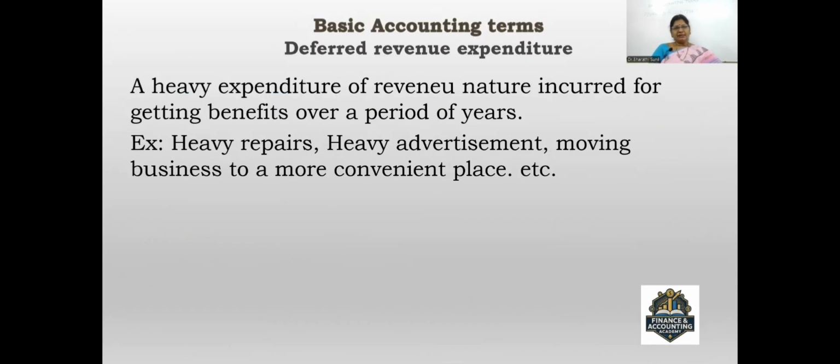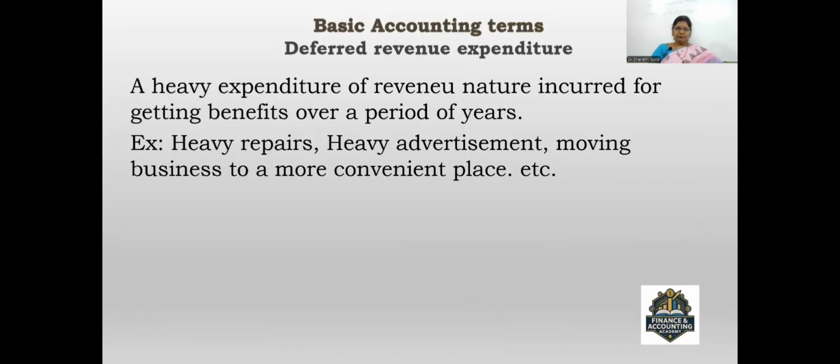Next, third expenditure. I've explained capital expenditure, I've explained revenue expenditure. Now I'm explaining deferred revenue expenditure. Have you heard this word? What is deferring? It means postponing to the future, right?